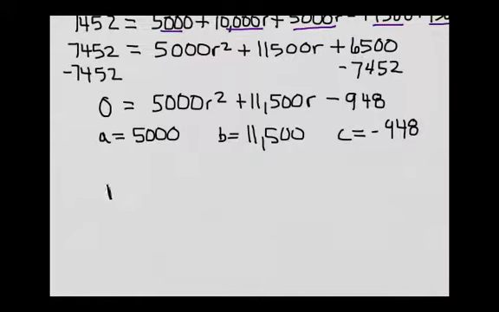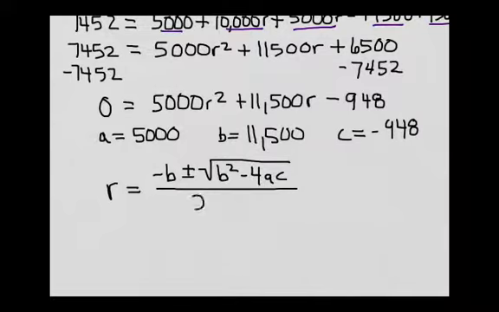So R is going to be equal to negative B, we'll just write out the formula first, plus or minus the square root of B squared minus 4AC all over 2A.